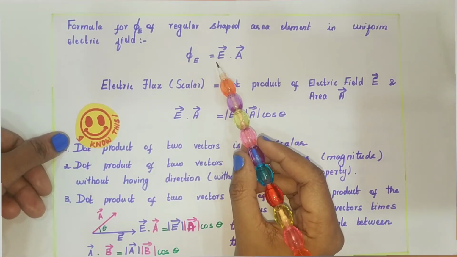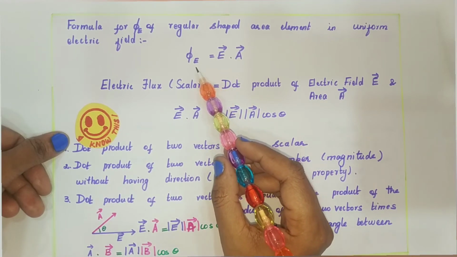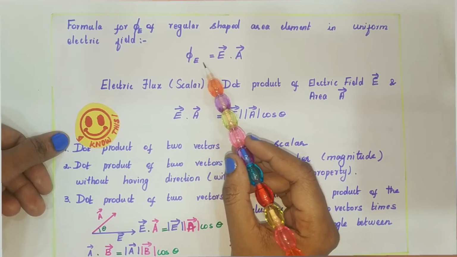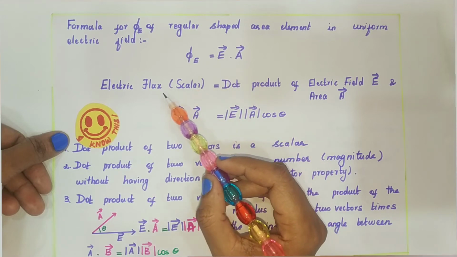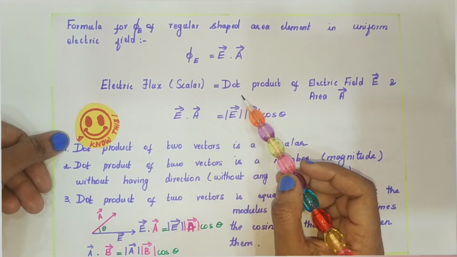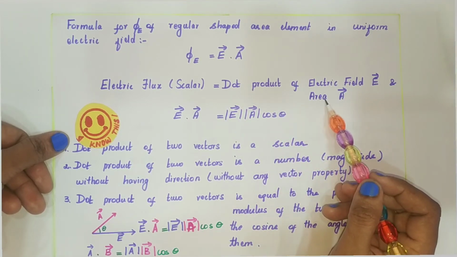If any regular shaped area element is placed in uniform electric field, the formula for electric flux which we use is phi E is equal to E vector dot A vector. That is, the electric flux is a scalar which is obtained by taking the dot product of the electric field E vector and A vector.